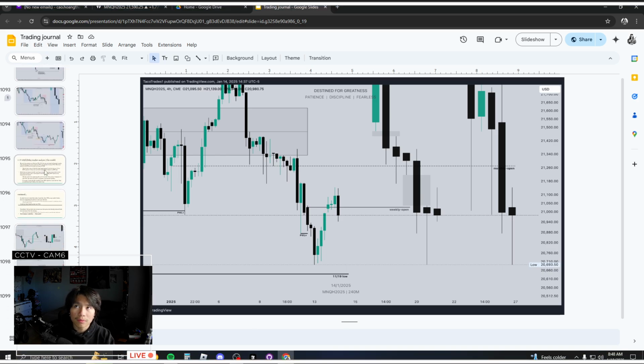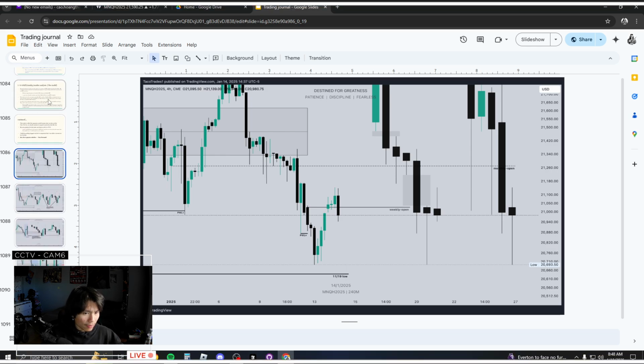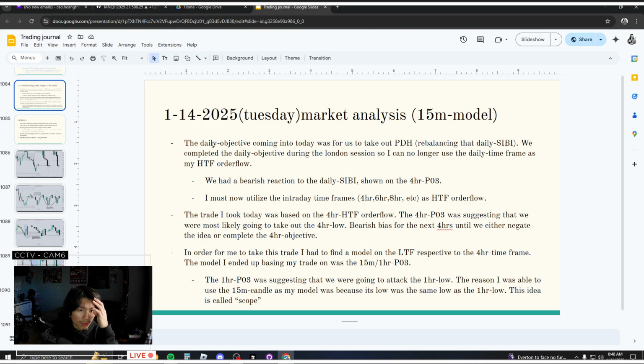I guess a trade isn't ever a losing trade, but it didn't play out how I wished for it to play out, and then there was one that played out. So the first trade that I do want to go over with you guys was on January 14th, 2025.